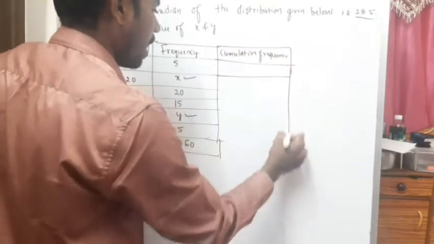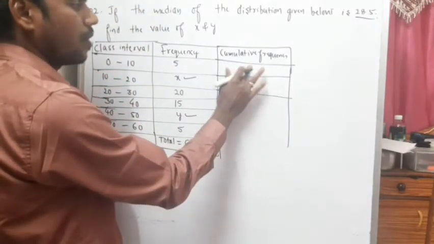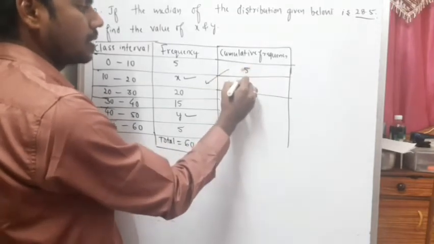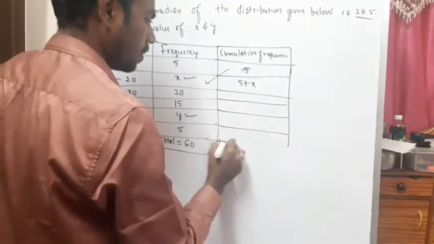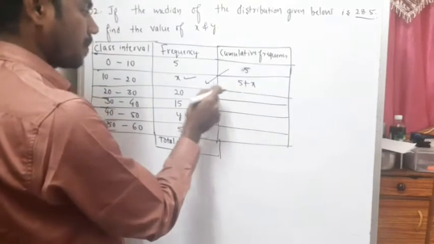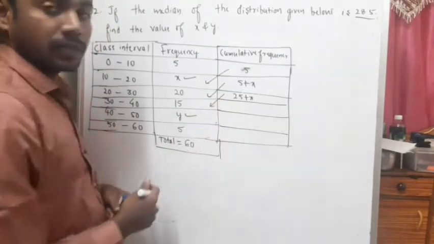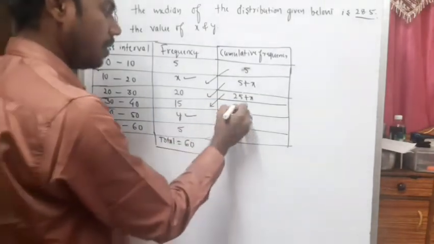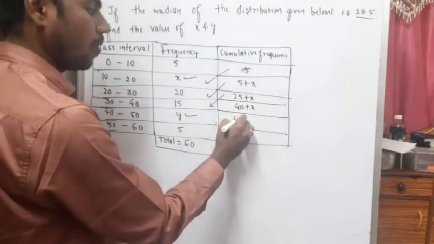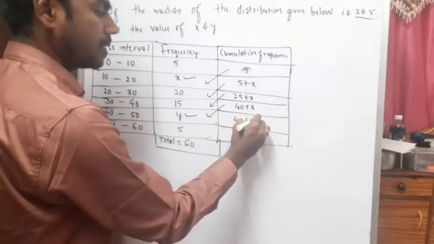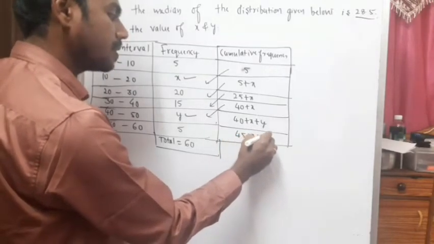So we need to add the 5 as it is. 2, 5, what we need to do? 5 plus x, so 25 plus x, then 25 plus 15, 25, 30, 40, 40 plus x, then 40 plus x plus y, after that 45 plus x plus y.